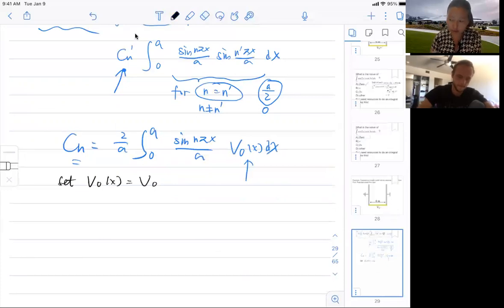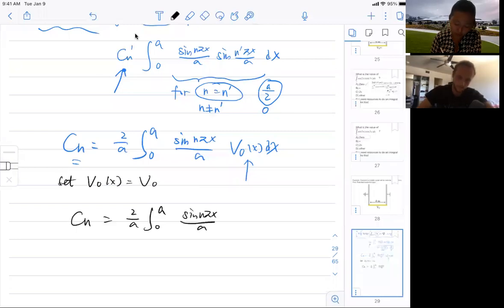What does this look like? C of n is 2 over a, sine of n pi x over a, constant, so v naught dx. Well, it's a constant. I'm really just integrating the sine of n pi x.